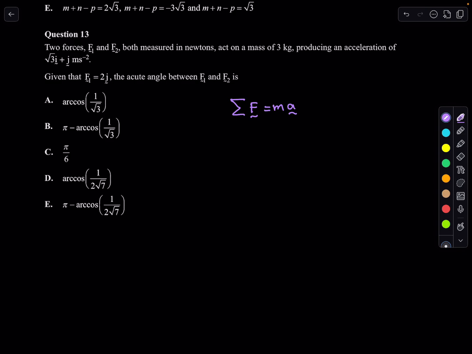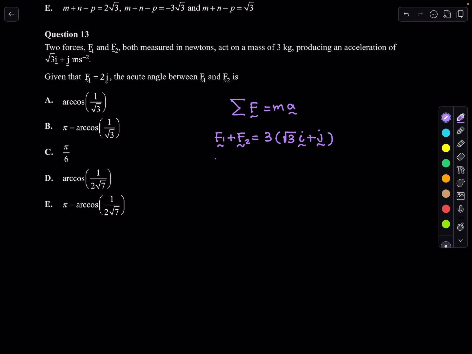Well, we have two forces. We have F1 and F2. So imagine adding these forces up. So F1 plus F2 is going to be equal to your mass, which is, of course, 3 kilograms, times your acceleration, which, they told us, is root 3i plus j. So what's F1?